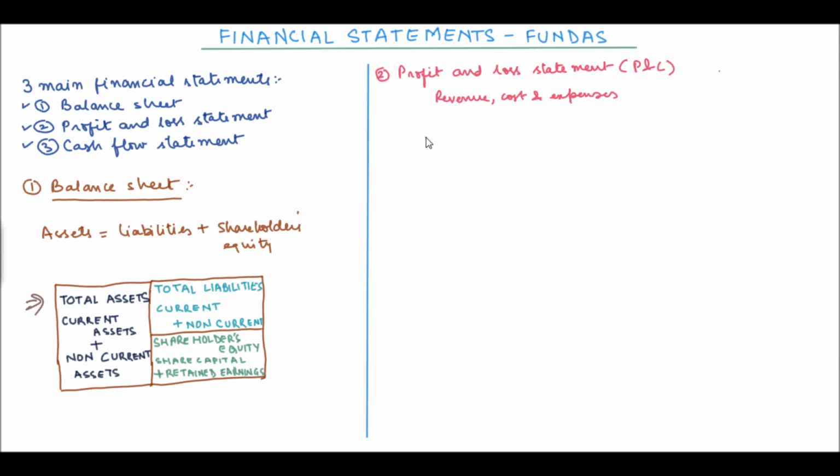Now, a typical P&L statement starts with revenue, which is also known as the top line.